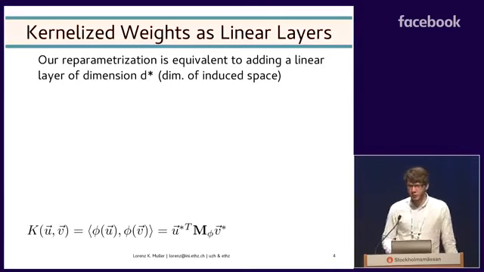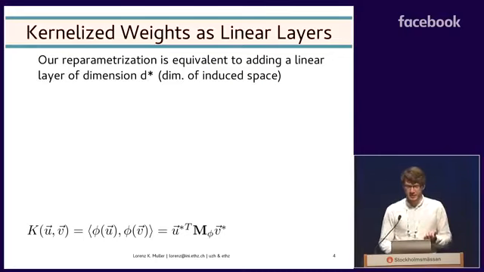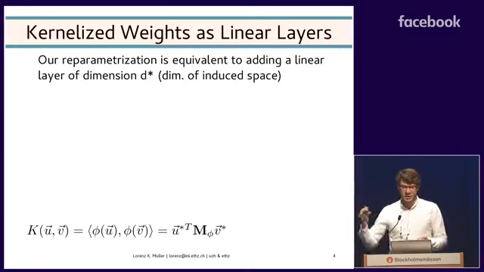A different way of looking at the same thing is that we can show that our reparameterization is equivalent to adding a linear layer of dimension d star, where d star is the dimensionality of the space induced by the kernel function.